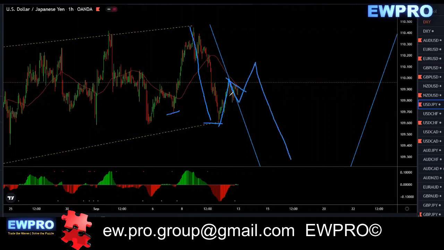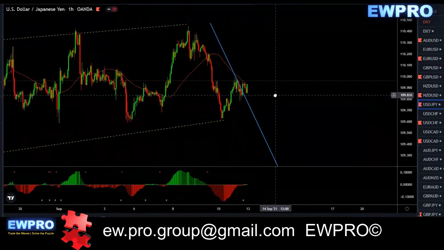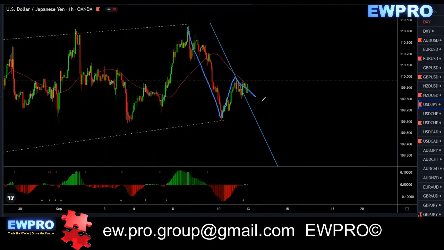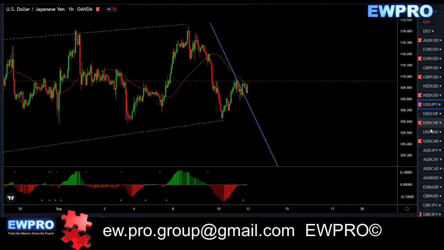So if you do take this buy in here, just be very careful that it is only really a scalp. We really want to see A, B, C in here, and then you could look for that sell in here for that larger C down, and that's how I'll be looking at it.